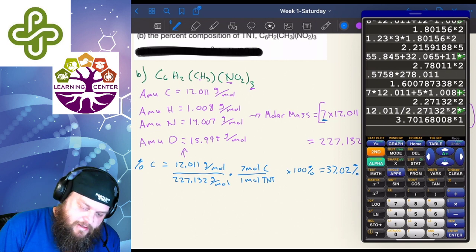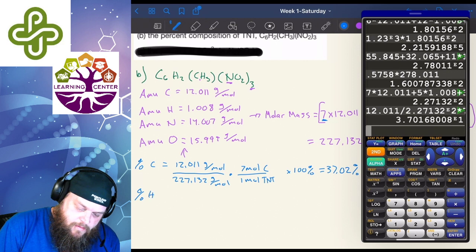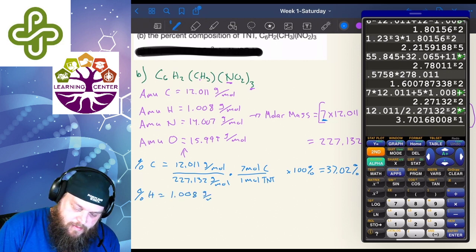Next is the percentage of hydrogen, which is 1.008 grams per mole, divided by 227.132 grams per mole.